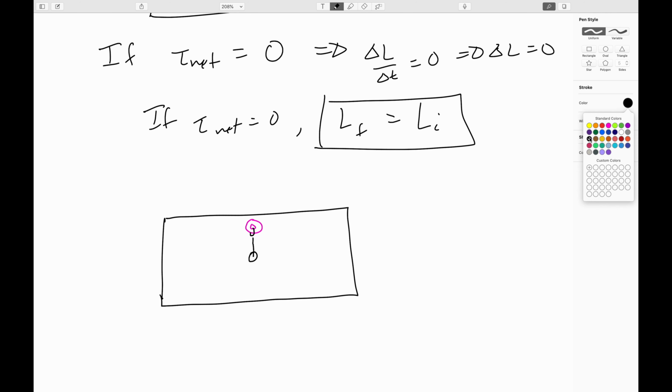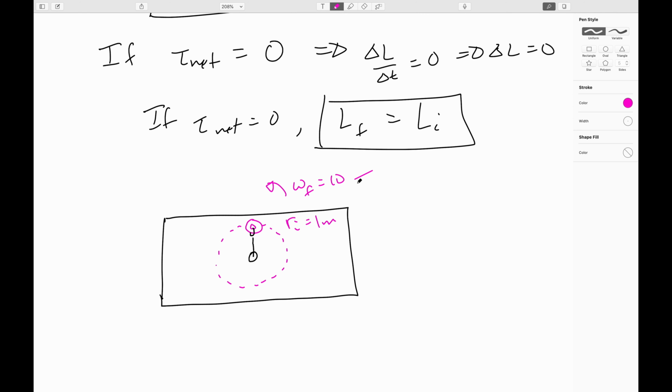So initially, though, we just get the washer moving around. And let's say it's moving around at an initial radius here of, let's say, 1 meter, going at an initial angular velocity of 10 radians per second.